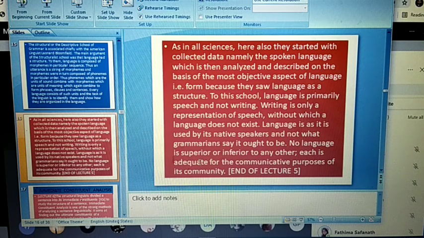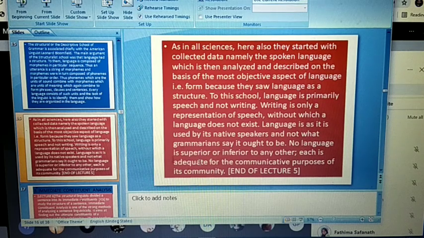Speech is primary. It is not these three words you see on paper. "John loves Mary" is not John's love for Mary all the time. It can even be a question like, "John loves Mary?" Is it something else, right? Is it John loves Mary or John loves somebody else? Maybe Lucy. John loves Lucy. All right.